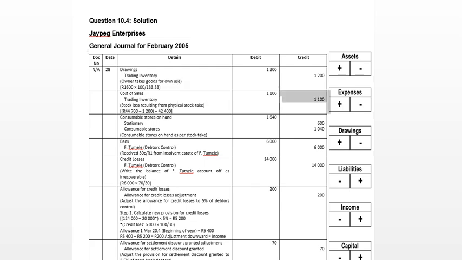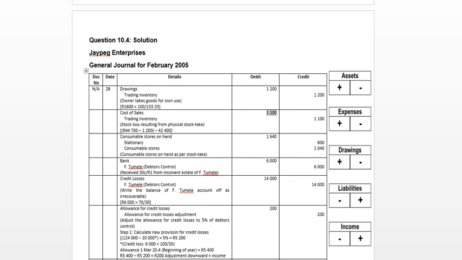So there's a difference of 1,100 Rand, and that difference is essentially, for example, stolen goods, obsolete goods, stuff we had to write off, anything like that. So our trading inventory has to decrease by 1,100 Rand. So our asset decreases, so we will credit our trading inventory account, and then our cost of sales, being our expense account, has to increase. So we're going to debit 1,100 Rand in terms of cost of sales. Okay.